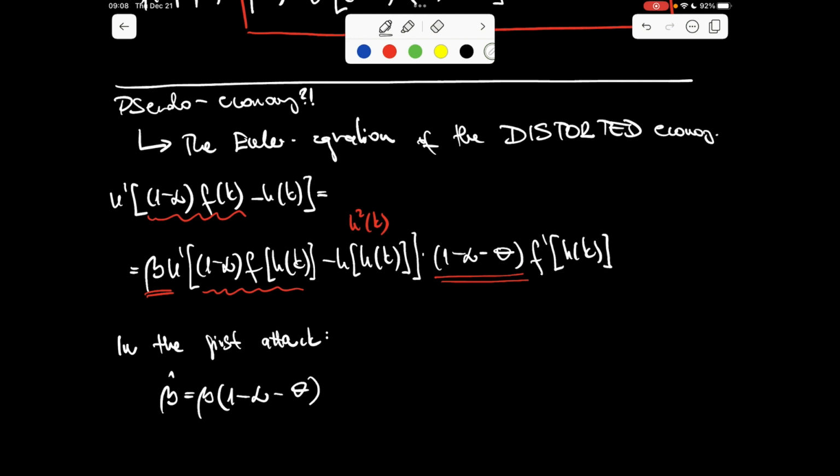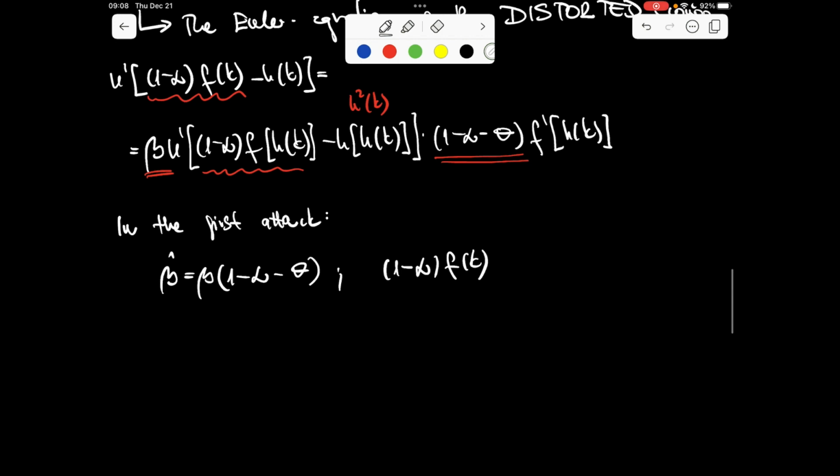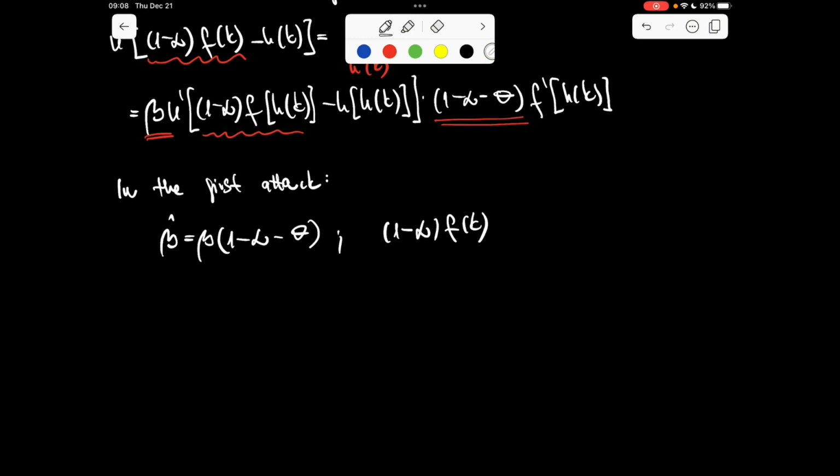So let's try the idea that we have this discount factor and we have this production function in the economy, which is going to be our pseudo economy, which is undistorted. So let's try to build this undistorted pseudo economy on the basis of these assumptions.